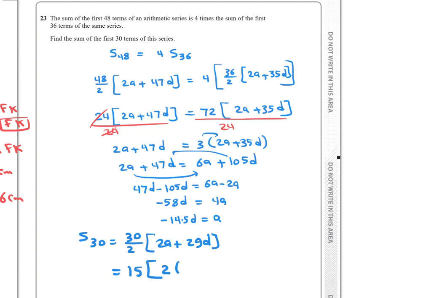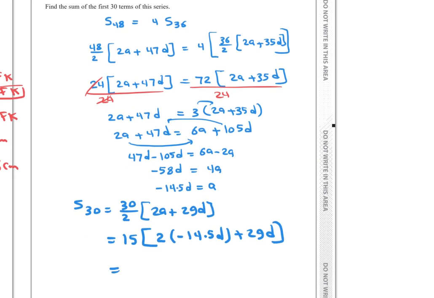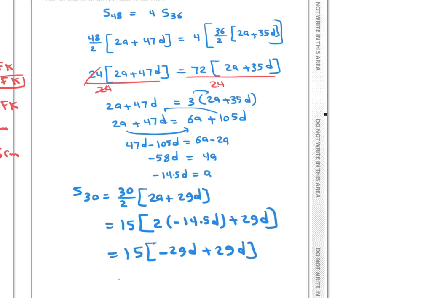So 2 times negative 14.5d plus 29d. So equals 15 into negative 29d plus positive 29d equals 15 times 0, because negative 29 and positive 29 gives 0. So 15 times 0 equals 0.